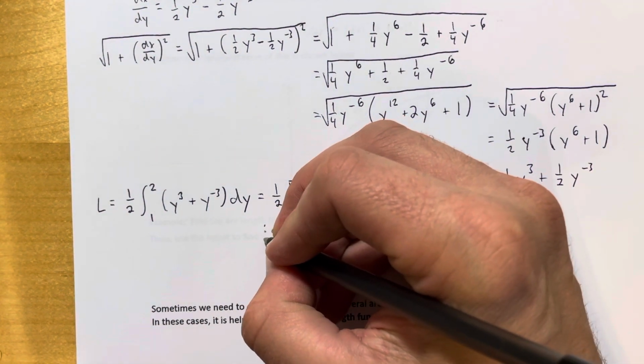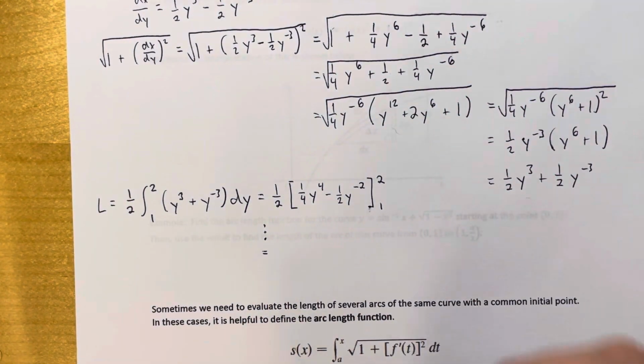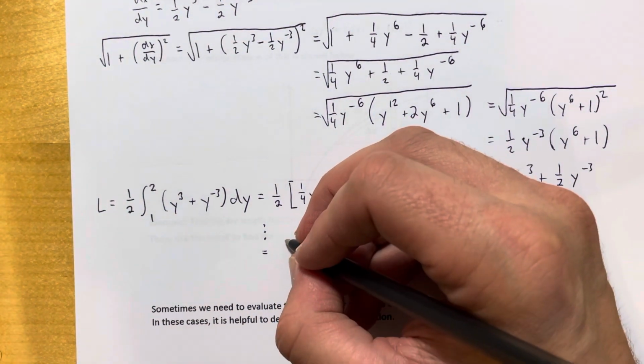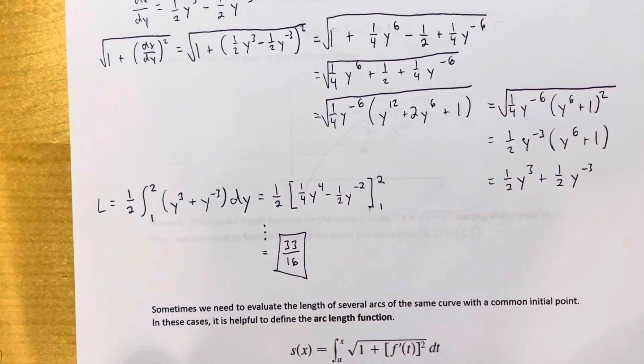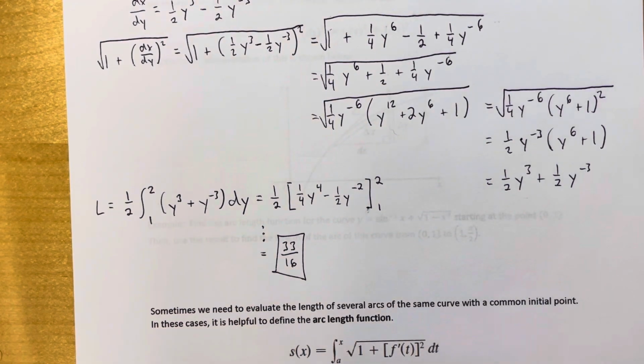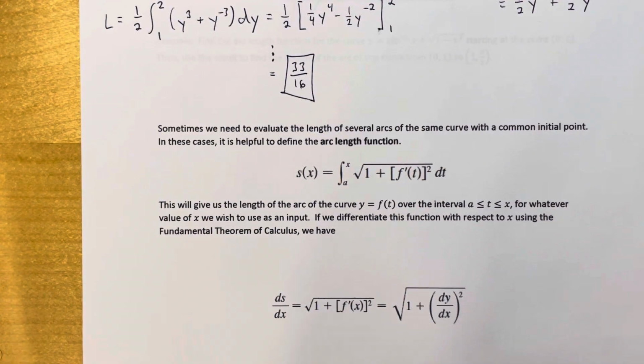I'm going to do this dot, dot, dot. You can do the arithmetic and fill in those gaps. I'm going to jump to an answer. You're going to end up with 33/16 in the end. It's good practice for you to do that work in between, but we're going to skip it in this video. All right, so that's example number 2.